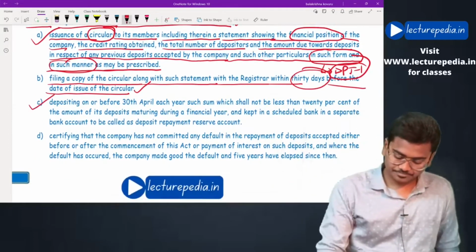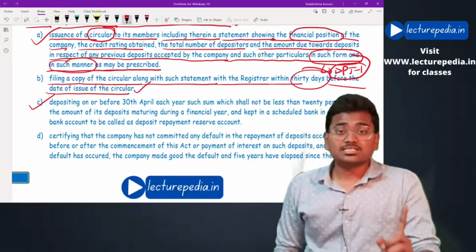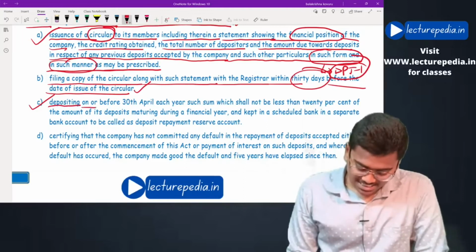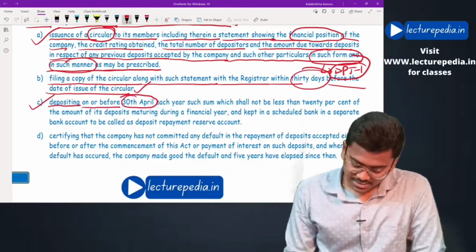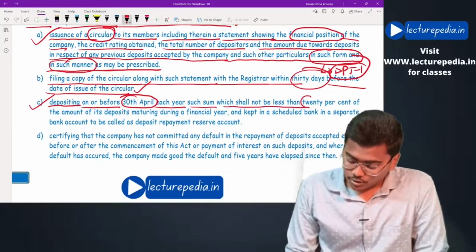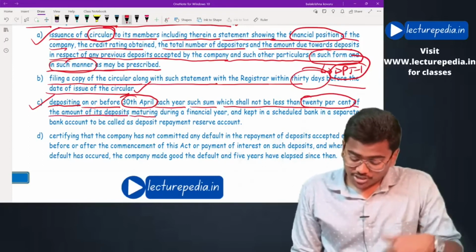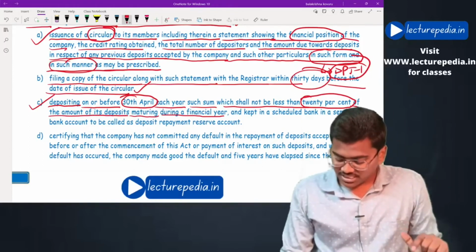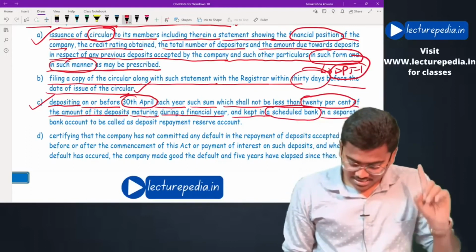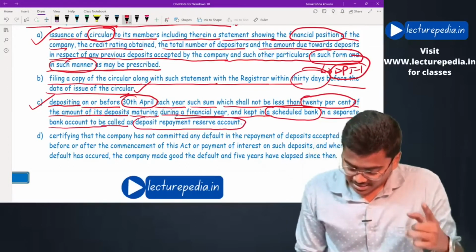Third condition is related to DRR, deposit repayment reserve account. See, depositing on or before 30th April each year such a sum which shall not be less than 20% of the amount of its deposits maturing during a financial year and kept in a scheduled bank in a separate bank account to be called as deposit repayment reserve account.